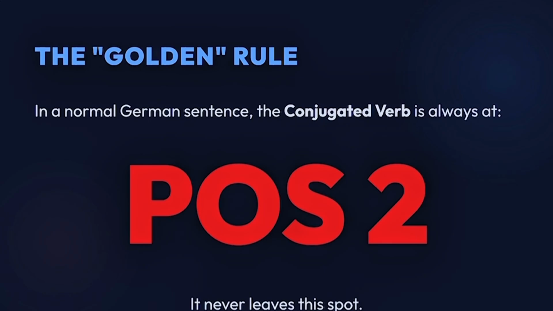So when we have a specific subject, I, he, she, they, we have to change the verb. For example, she eats, I eat. So the verb is conjugated, and it is called a conjugated verb. It always should be in the second position in the German language, and it never leaves this spot.